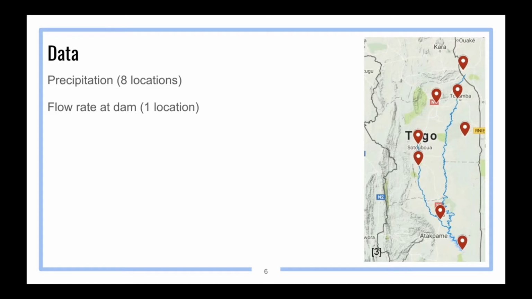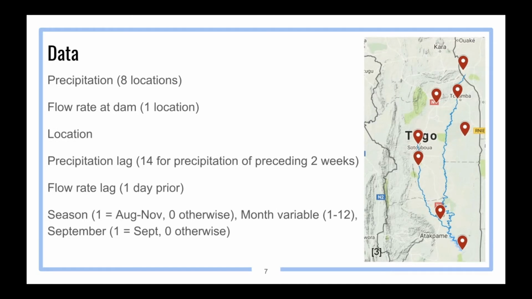We were provided with the precipitation from these 8 locations and the flow rate at the dam at this one location. We were looking to create additional variables so that we could have a model that predicts the flow rate even better. For that, we added a dummy variable for location. We added precipitation lags for the 14 days preceding the day that we're predicting for.